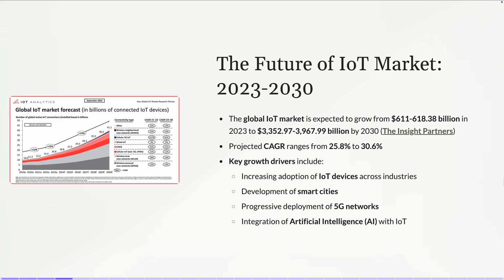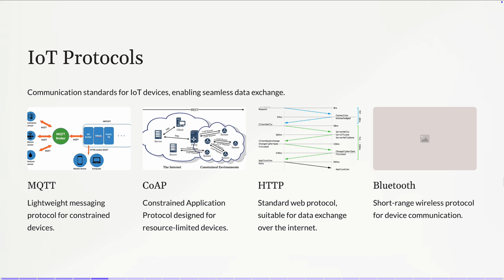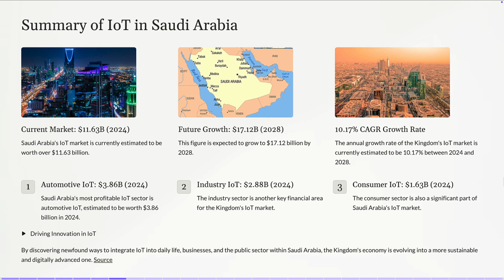And let's look at the numbers in Saudi Arabia. The IoT in Saudi Arabia, look at the global market. The current market now is about $11 billion in Saudi Arabia. And there are several big companies here, like Machine Stock, which was also acquired by IoT Square, which is part of the PIF.